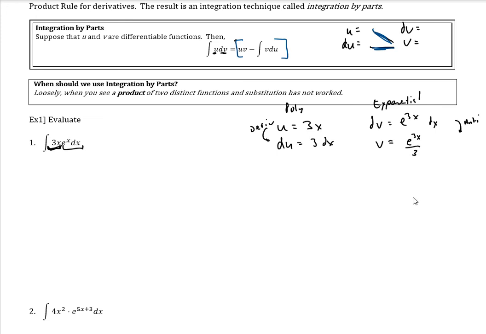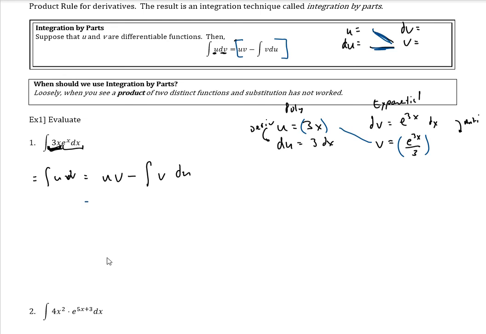In this scenario, this is our u dv setup there. That first one was the u, that was our dv. And then it's equal to this formula, uv minus the integral v du. All we'll do is multiply diagonally across.